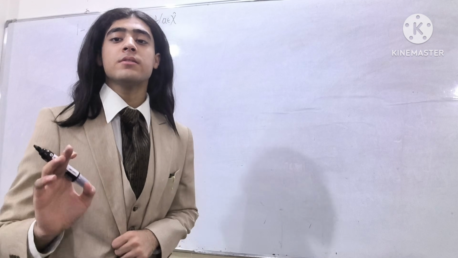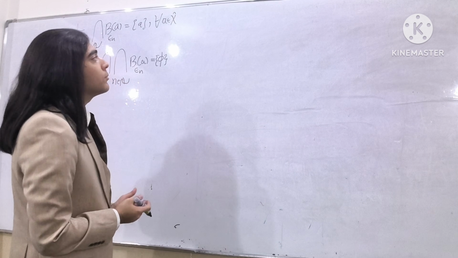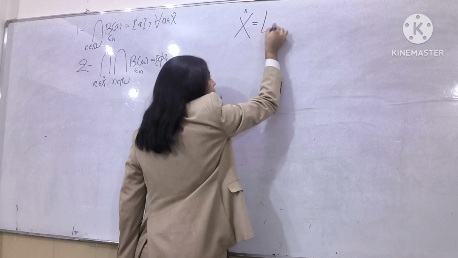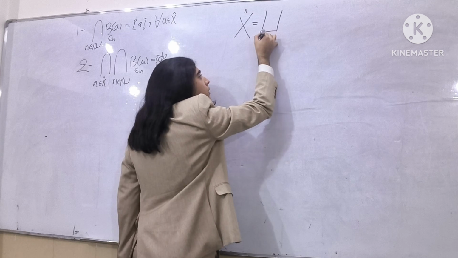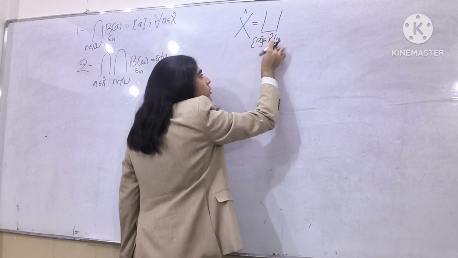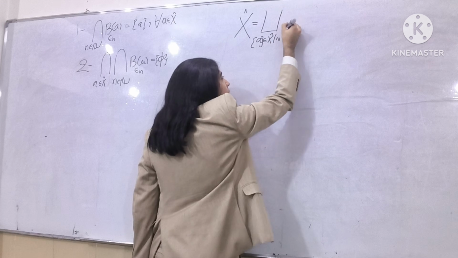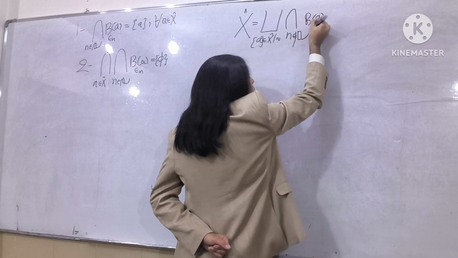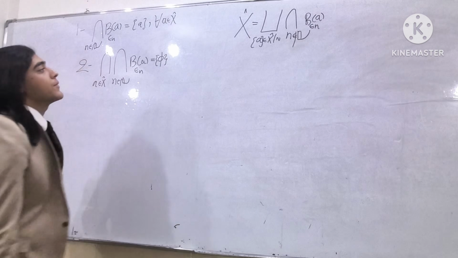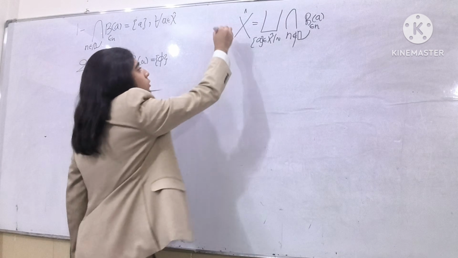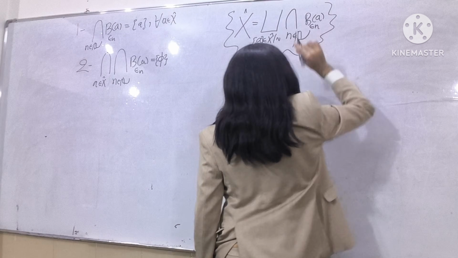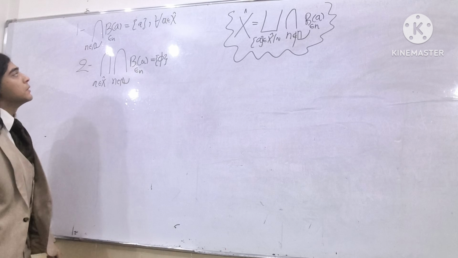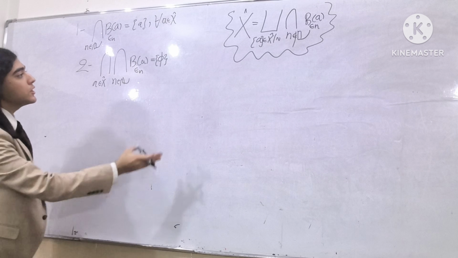Now we must recall the main formula, which is: the pseudo-geometric space X is equal to the disjoint union of equivalence classes, the quotients, the intersections over all natural numbers of the epsilon-open poles B_epsilon_n. So this is the main formula. Now, by these two results, we need to conclude this formula.